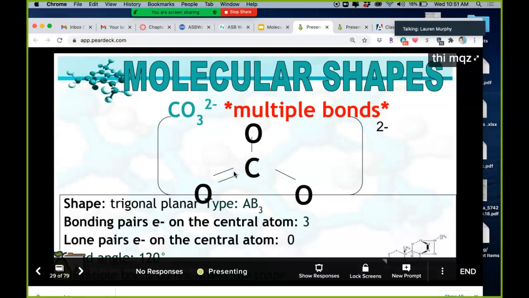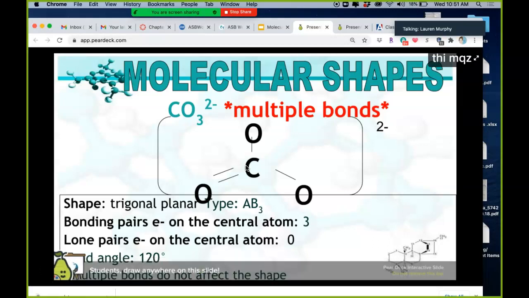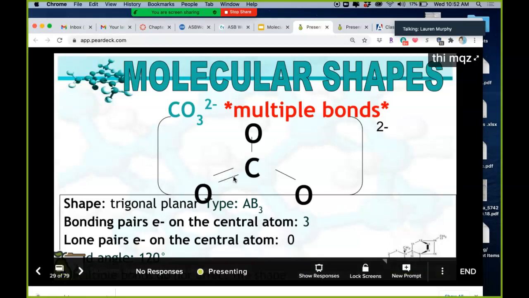There's no lone pairs. The double bond does not affect the shape. Some kids get that mixed up. They see the double bond, they're like, oh, I don't know that shape. Well, the double bond isn't involved in determining the shape. The central atom, how many things are bonded to the central atom, and lone pairs are what determine the shape. Okay? So this is trigonal planar.